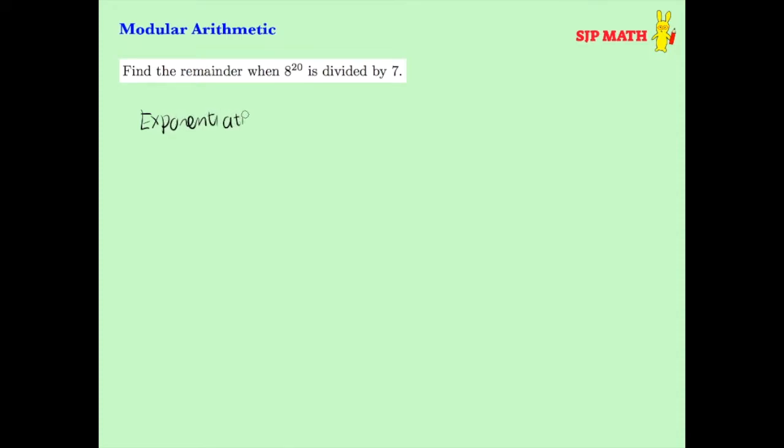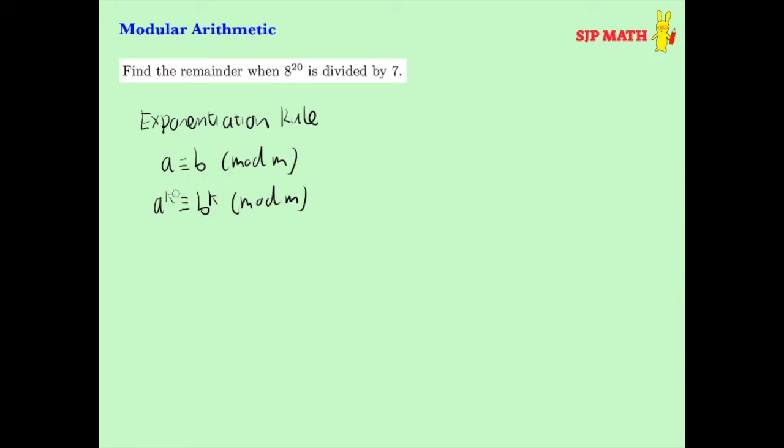The exponentiation rule states that if a is congruent to b mod m, then a to the power of k is congruent to b to the power of k mod m, where k is any non-negative integer.